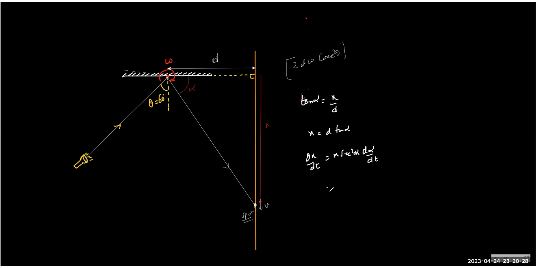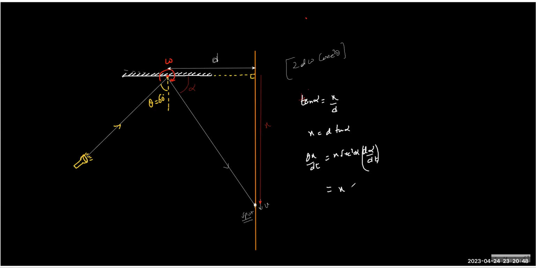Alpha we can substitute as 90 minus theta. D alpha by dt is 2 omega. If the mirror is turning at omega, then alpha turns at 2 omega.